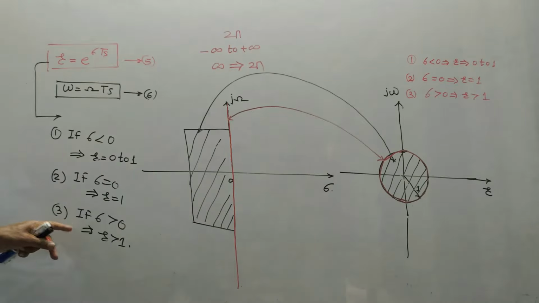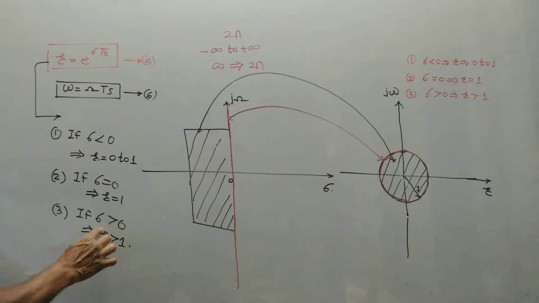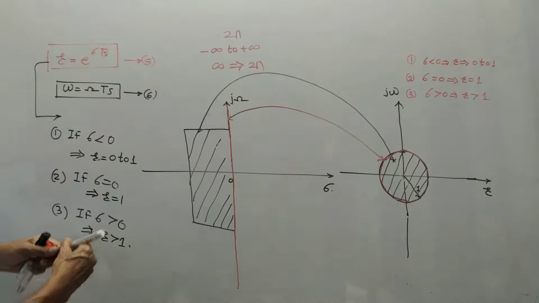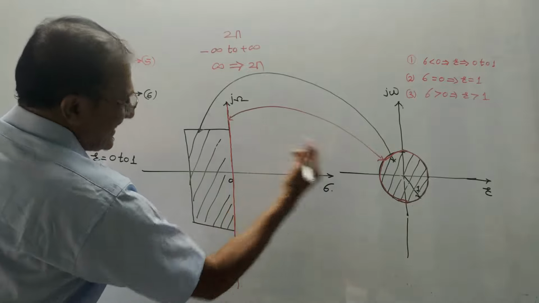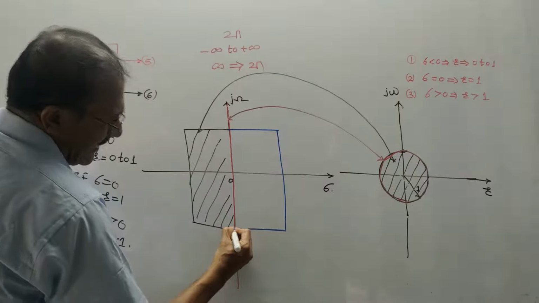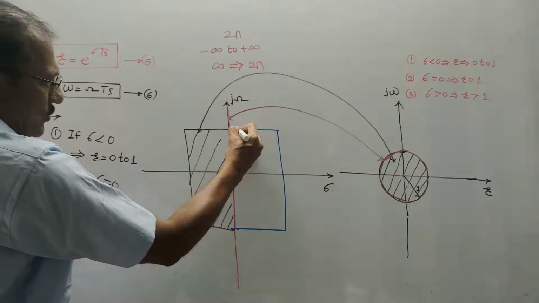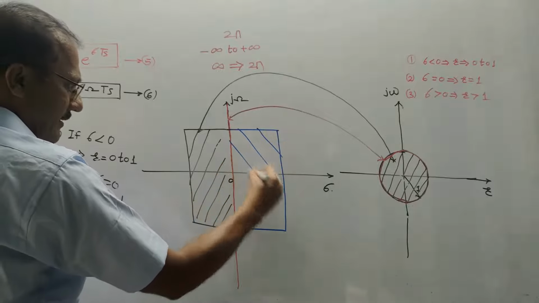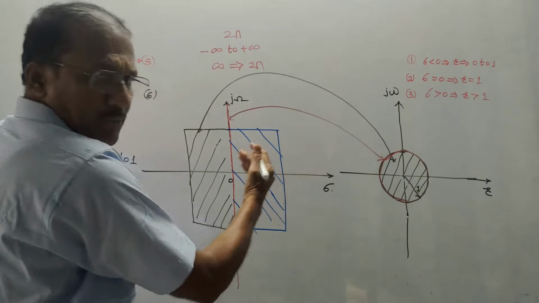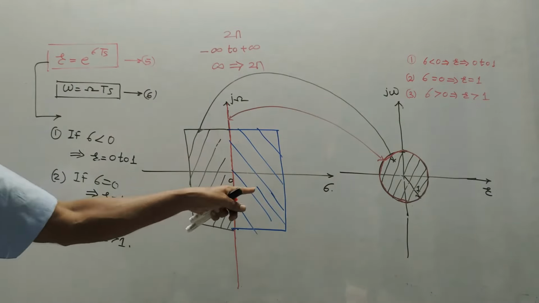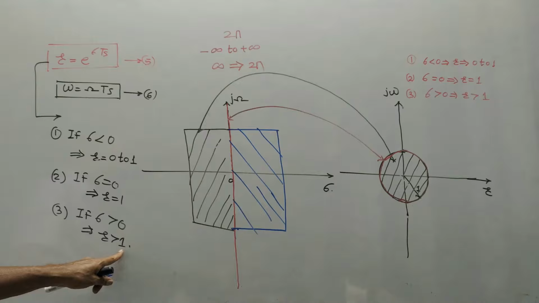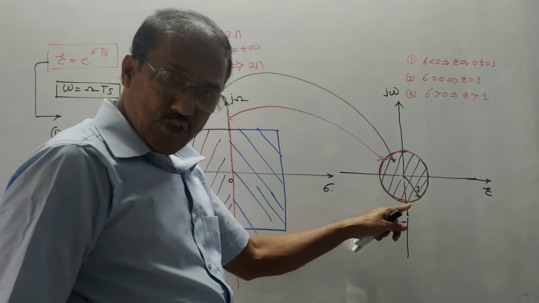Now, the third condition of mapping is if sigma is greater than 0. Sigma greater than 0 means positive value of sigma. So positive value of sigma means the RHS side. So here till infinity everywhere sigma is greater than 0. So I am drawing it like this. This portion, as I mentioned, goes up to infinity, but as a convention I am drawing it like this. So this indicates sigma greater than 0. For this, r is greater than 1. r greater than 1 means which portion?